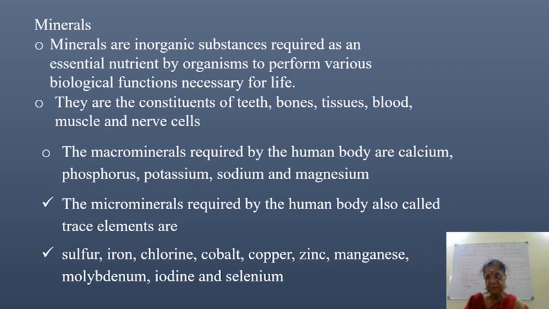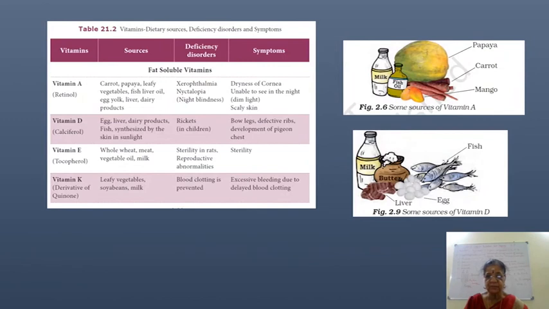Okay. Now we will see vitamins and minerals, their sources, their functions and symptoms of diseases. If there is any deficiency of any vitamins or minerals, they show some symptoms. Normally vitamins are of two categories. One is fat soluble vitamins, another is water soluble vitamins.